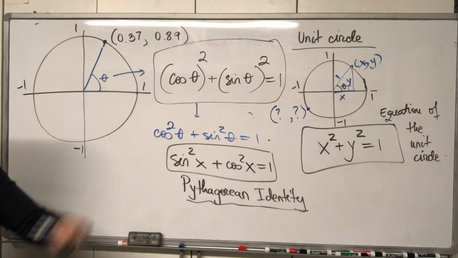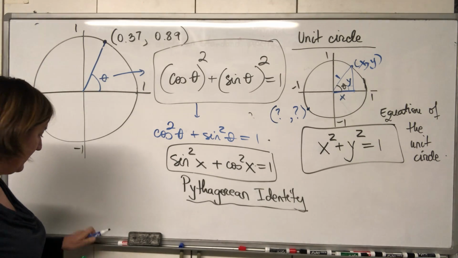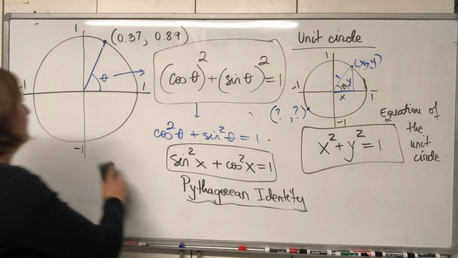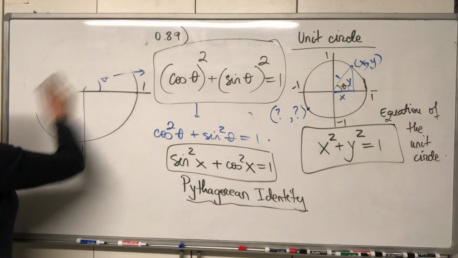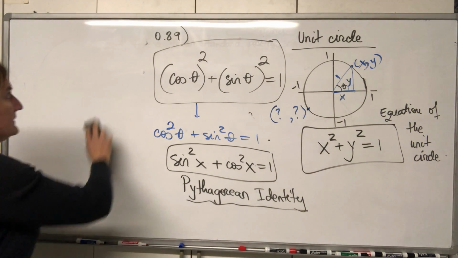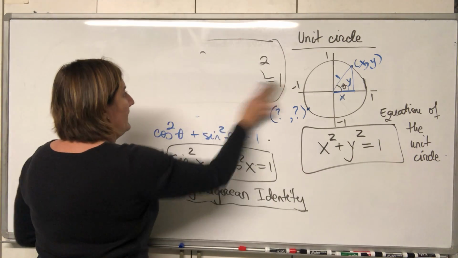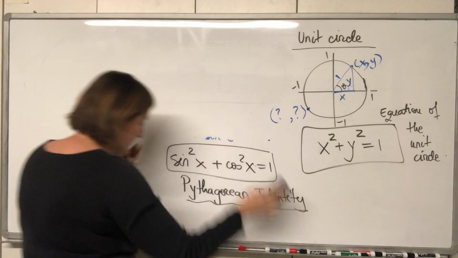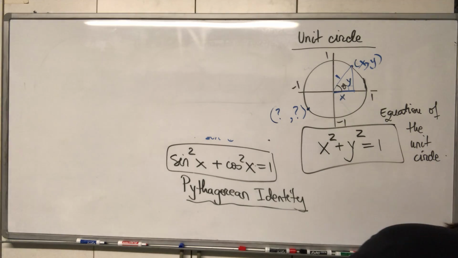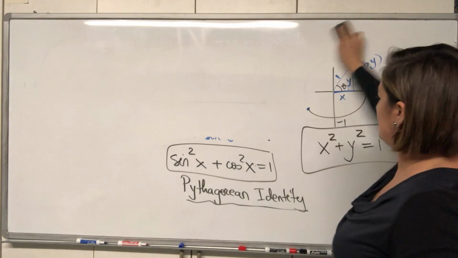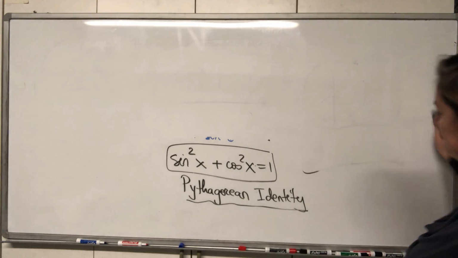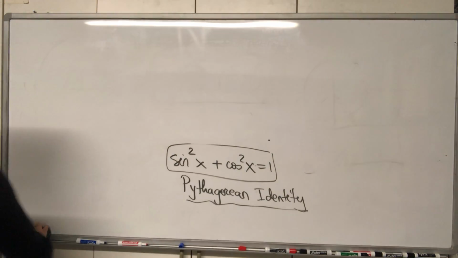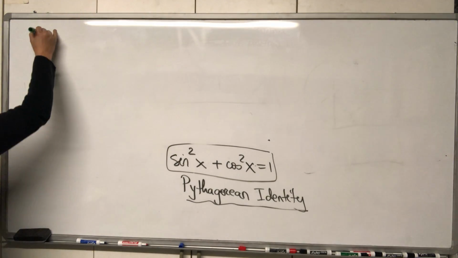All right, so there it is. This is our formula. Let me start erasing a little bit. Now you know how to find the sine and cosine values, what they mean, and the most important identity between them. So, yes, what we want to do is find sine and cosine values of important angles.